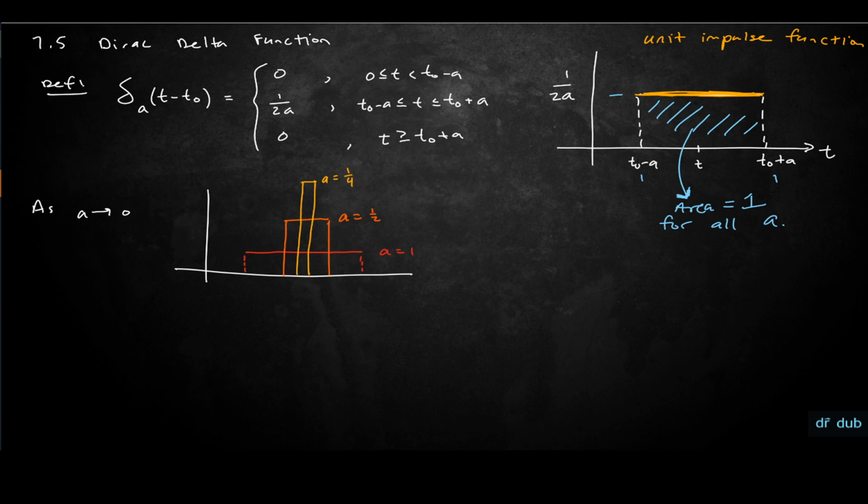So as a gets really small, the function gets really tall, but the area under the curve is always 1.